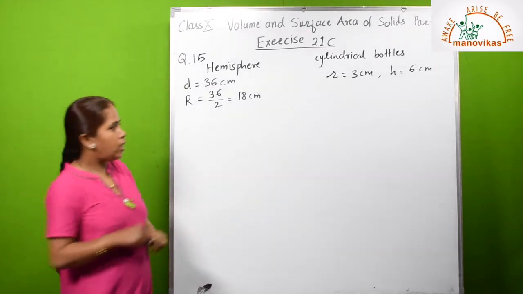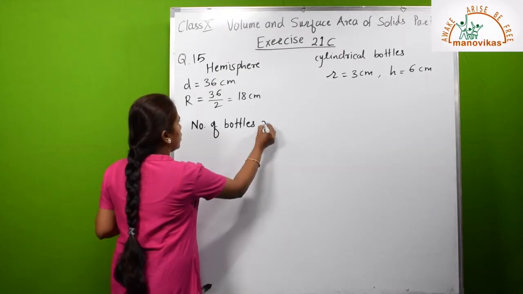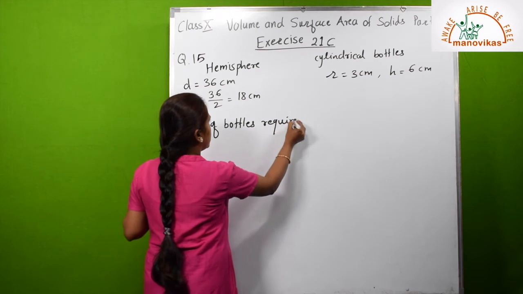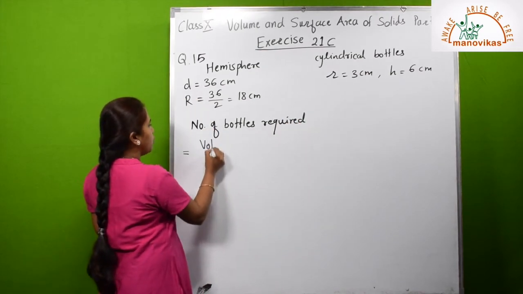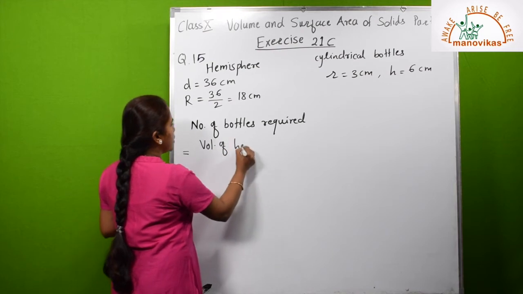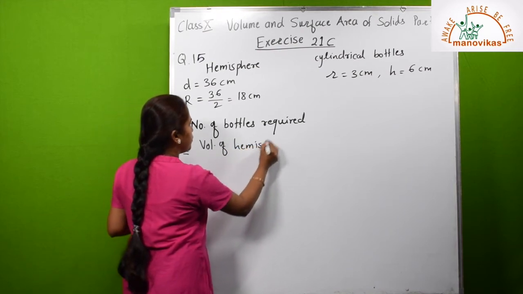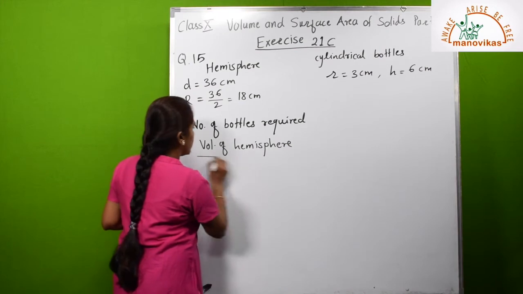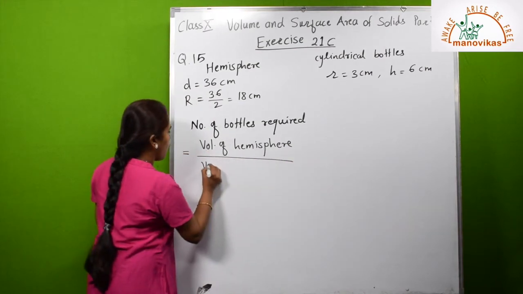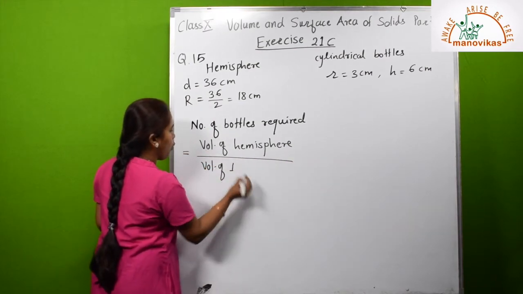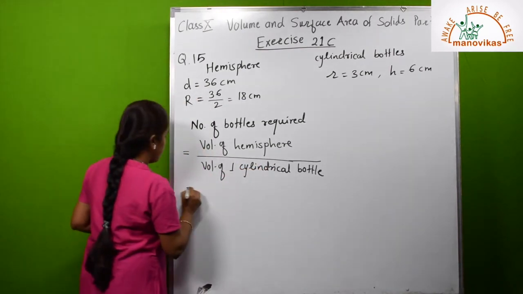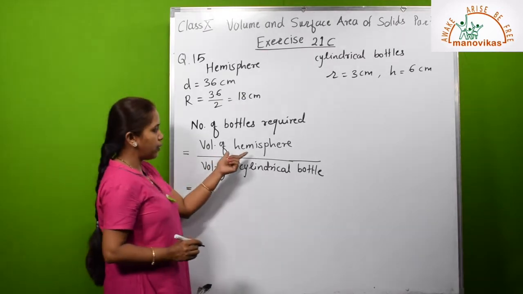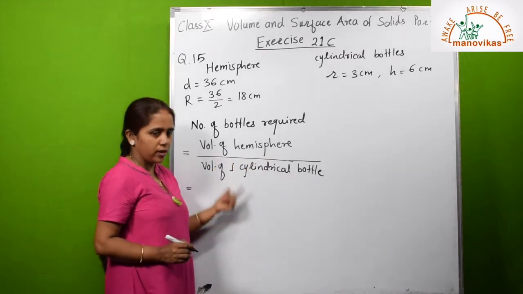So again, number of bottles required is equal to volume of hemisphere divided by volume of one cylindrical bottle. Okay. Here don't find the values separately and then substitute.